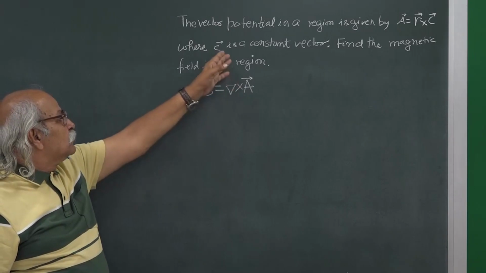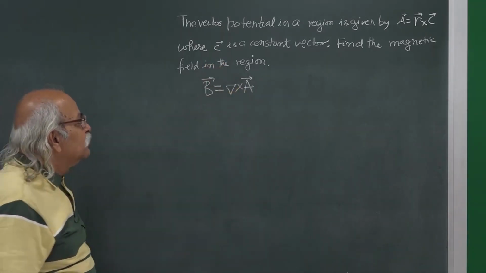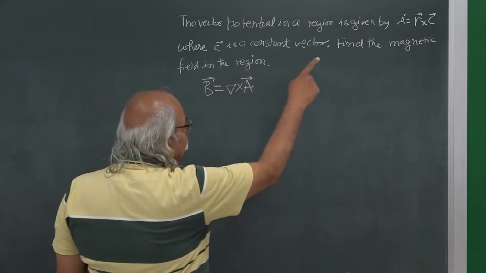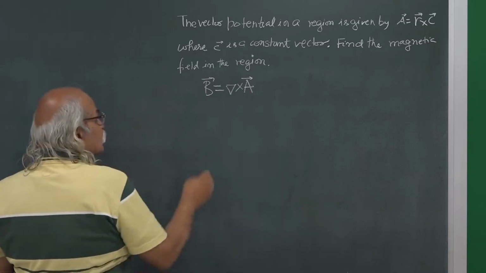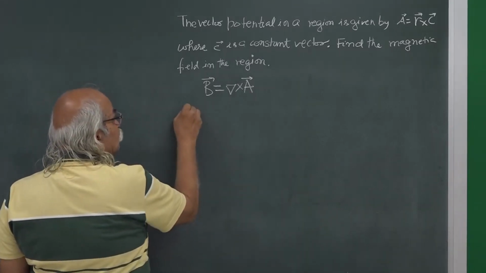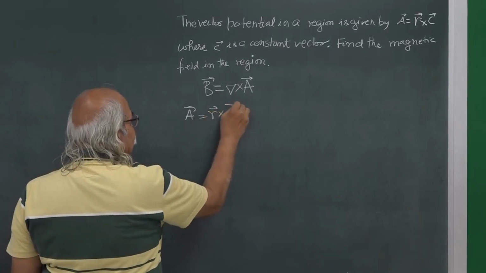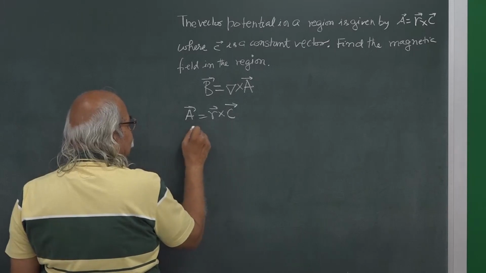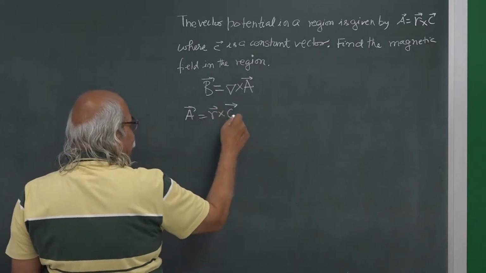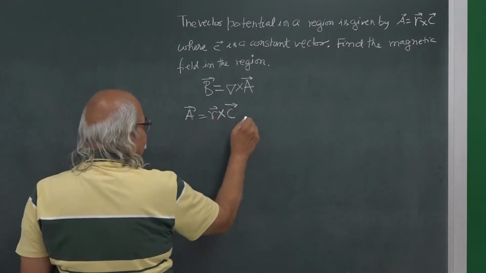So if you know the vector potential, you only have to take the curl to get this B, and this we can do in Cartesian coordinates, simple. So A is equal to R cross C. So curl of A is curl of this. So first let us write this in Cartesian coordinates.